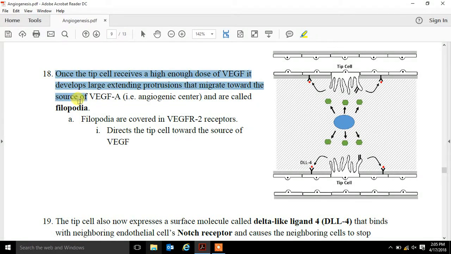They're covered in these receptors, and they need to be. They need to know where that signal's coming from. So it's directing that tip cell towards the portion of tissue that is releasing the signal, whether it's damaged skeletal muscle that's releasing the PGC1 alpha, whatever it may be. So it's directing that tip cell towards the source.